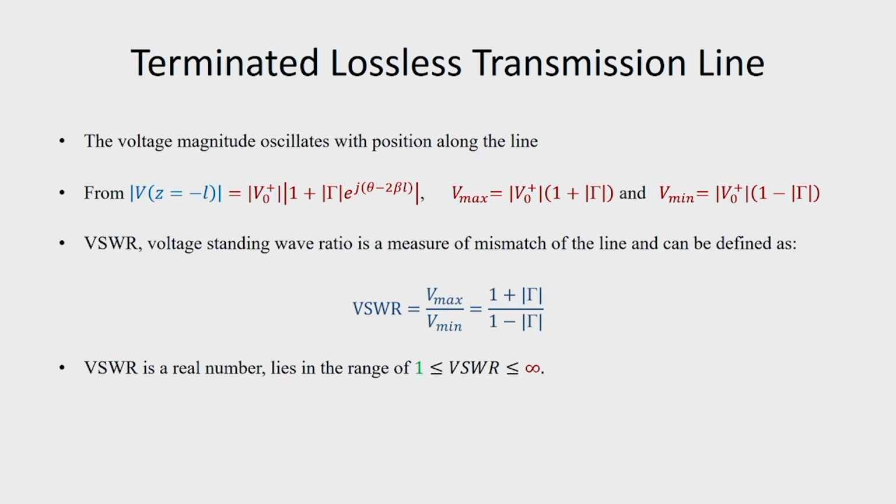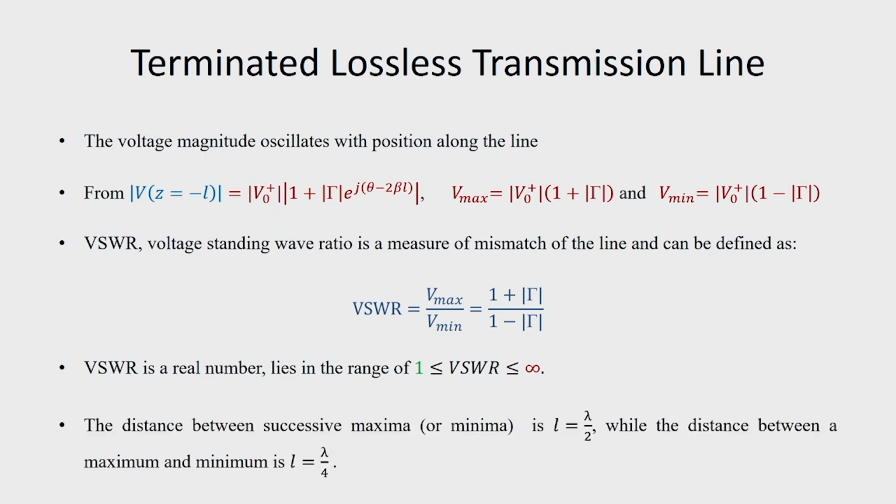VSWR equal to 1 corresponds to perfect matching, there is no reflected wave, that means gamma is 0, and VSWR tending to infinity gives perfect mismatch, that means all the power is reflected.